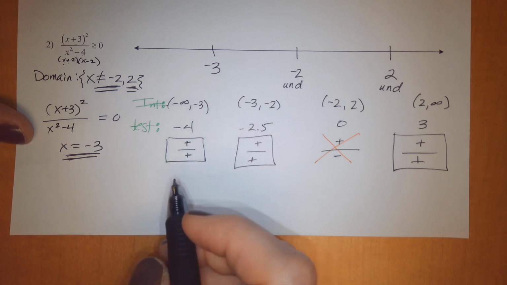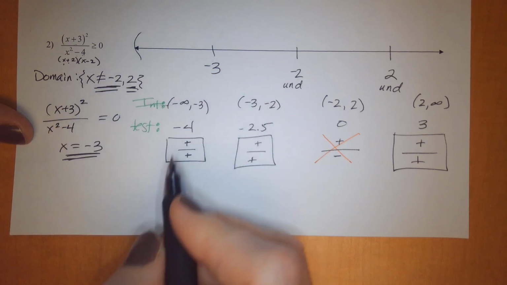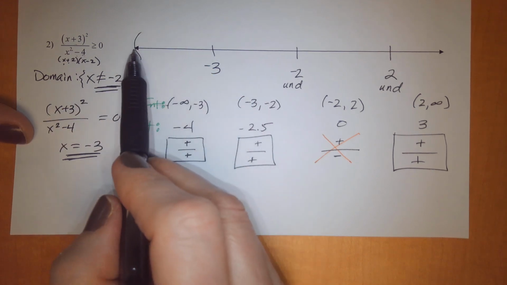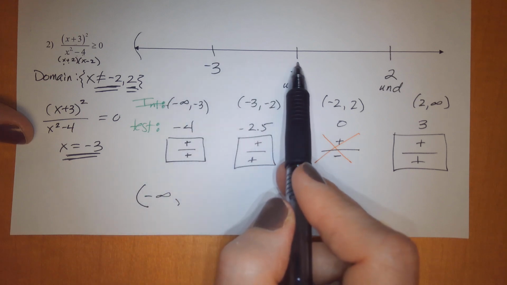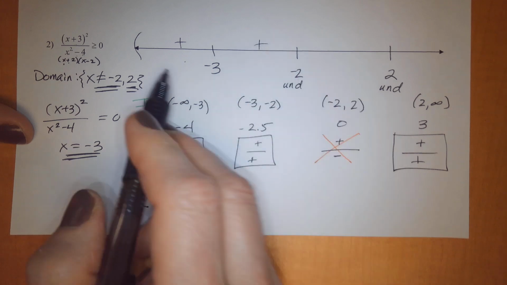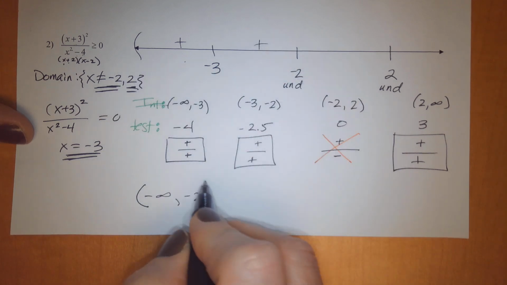So now I'm going to write all of the intervals in interval notation. I'm going to start at negative infinity, and then I'm going to go all the way to negative 2. Since both of these are positives, I can go all the way to negative 2. Now, do I include negative 2?